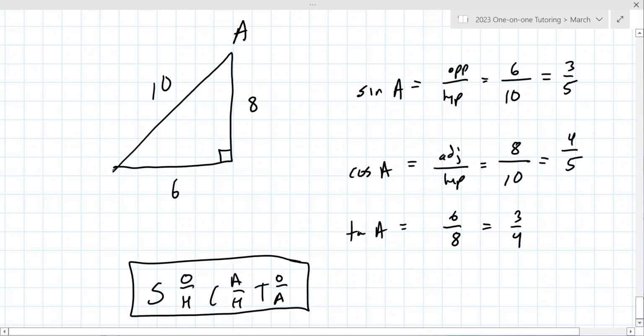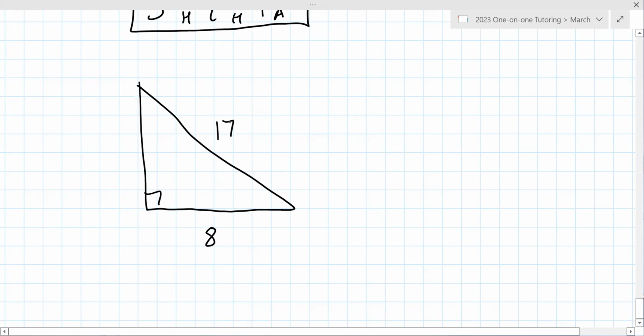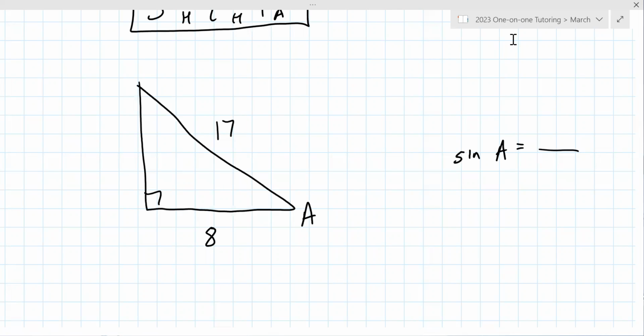So let's do a triangle here from start to finish. Here's how the problems generally are set up. I'll tell you that this is 8 and this is 17, and I want the sine of A. That means you really need the opposite side over here. Do you have the opposite side? Nope. So how do you find the opposite side? 17 times 17 minus 64, 225, square root, which would be 15.